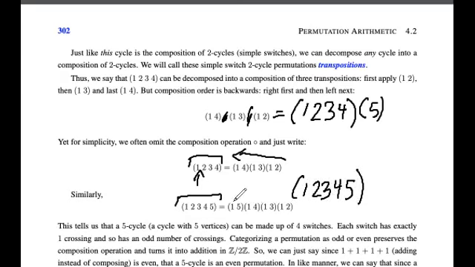So we can use the same kind of idea of splitting things up in order to write any cycle at all as 2 cycles. In general, if we have any permutation, like (1 5)(2 3), say, or even (3 4 6) or something like that, we can rewrite this in terms of 2 cycles, or in terms of transpositions.